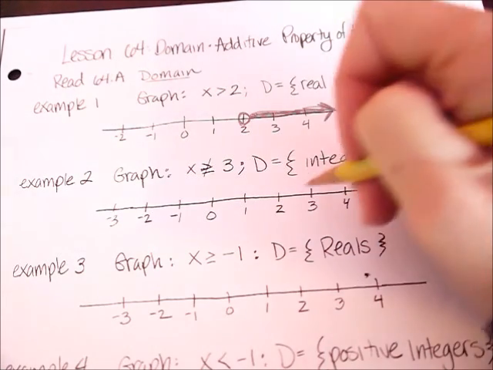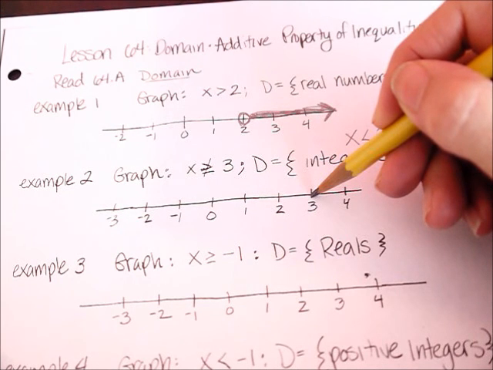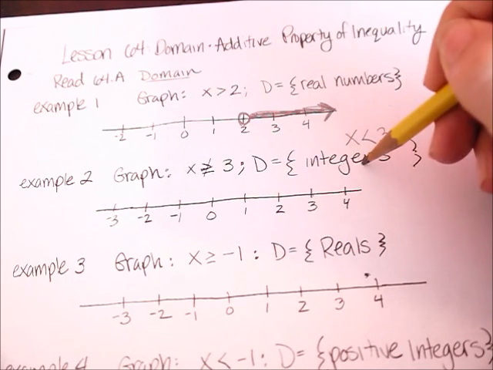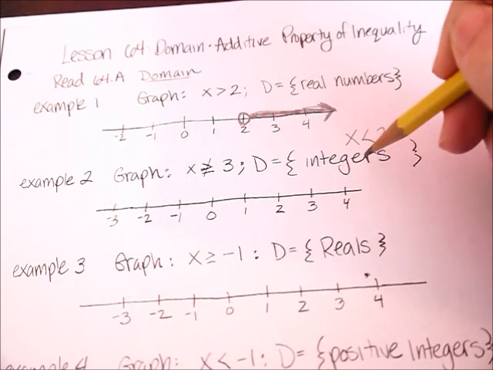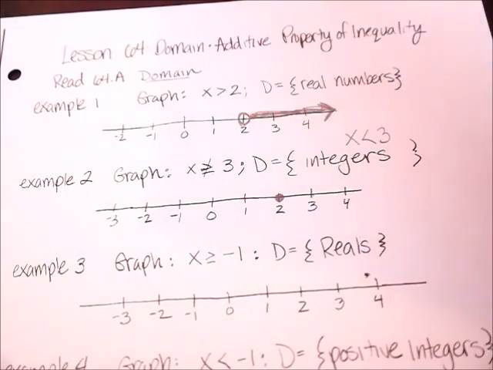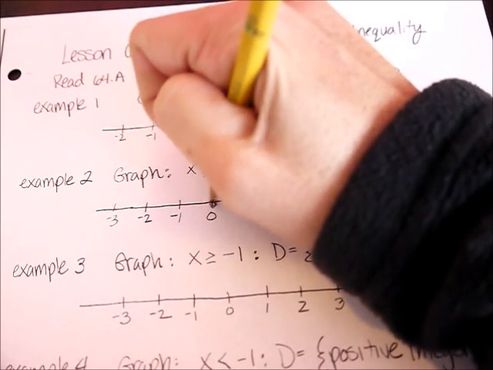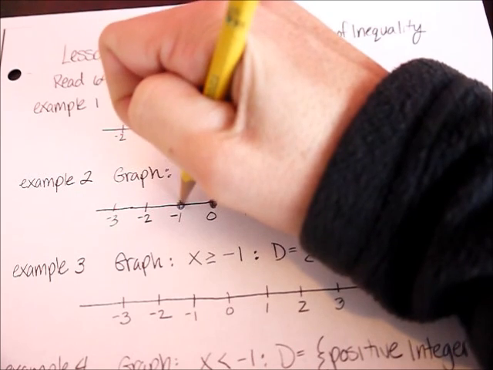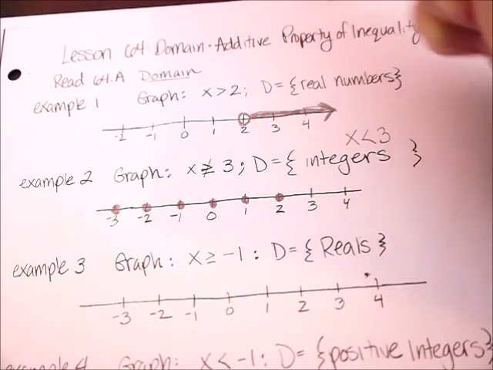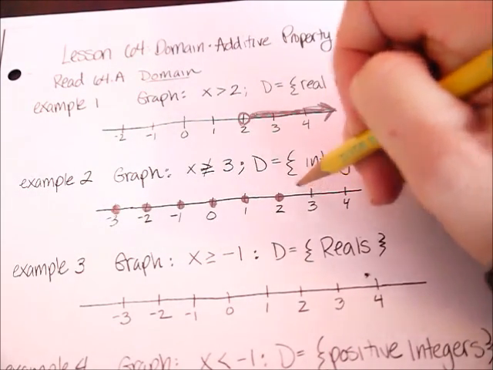Okay, so let's go ahead and find 3. Now, I'm not going to put an open or closed circle because of this integer thing. So what we're talking about is all the integers less than 3. So I'm going to start graphing those. See what I do. Is 2 an integer less than 3? Yep. Is 1. And I remember when I taught algebra last time, mistakes I saw often were when you would graph something like this and forget to look at the domain and end up doing a solid line less than 3.